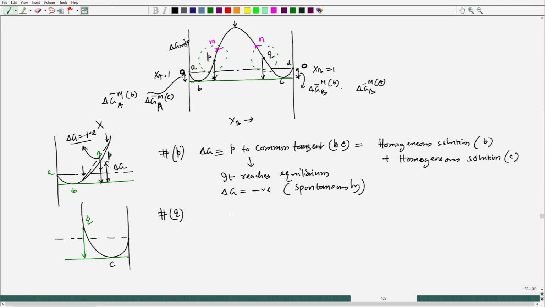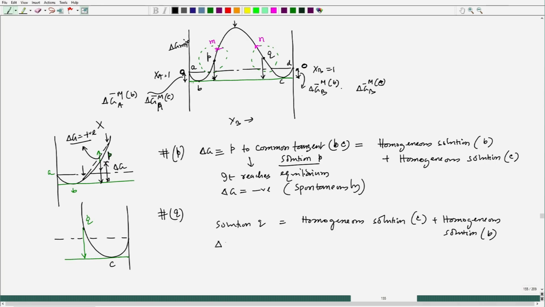So, solution Q will break into two homogeneous solutions, a homogeneous solution of C and a homogeneous solution of B.